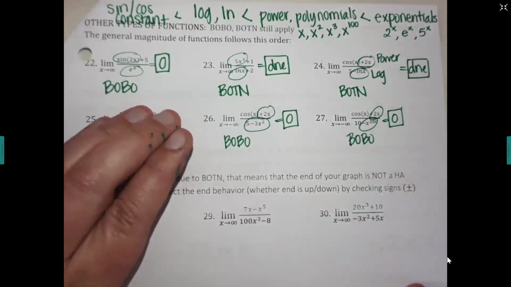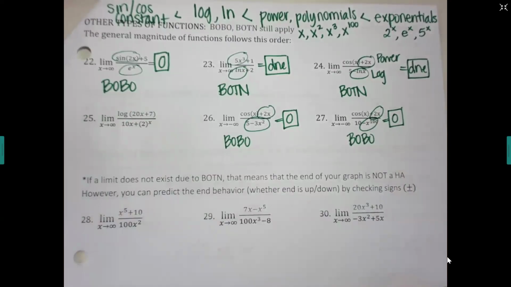Okay, for number 25. There's a pretty good chance you might have gotten this wrong. It is not a Betsy. So you have to make sure that this 20x plus 7 is inside the log. That means that the classification for the top is log. It's a log of 20x, but it still counts as a log.